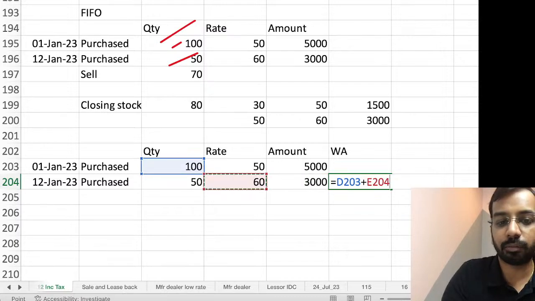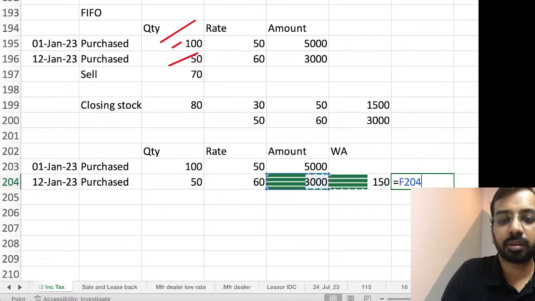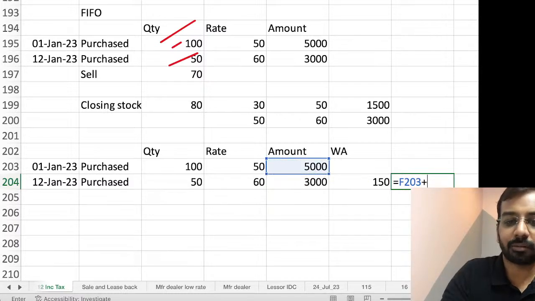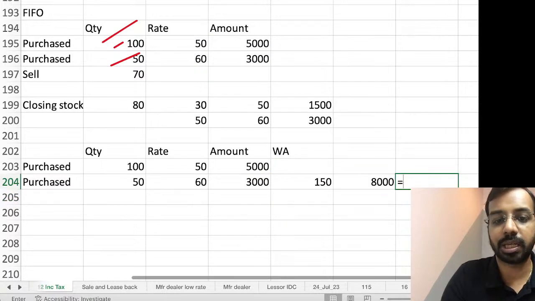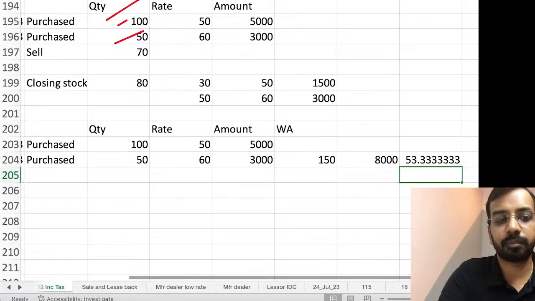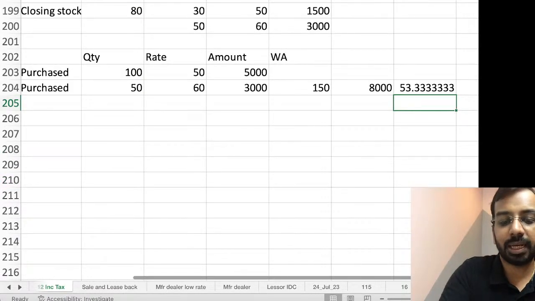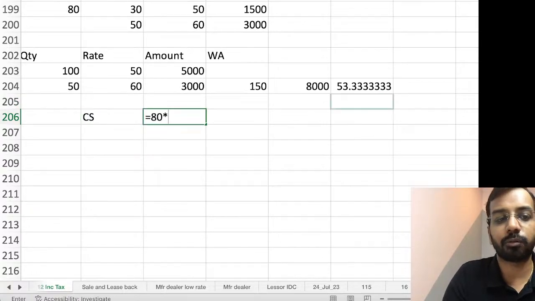You will sum up the value, 8000, and then you will calculate a weighted average rate, that is 8000 divided by 150. What you get is 53.33. So closing stock will be 80 into 53.33, that is 4266.